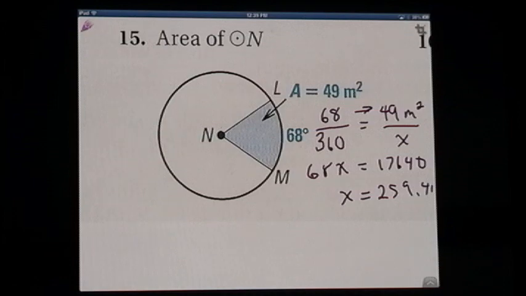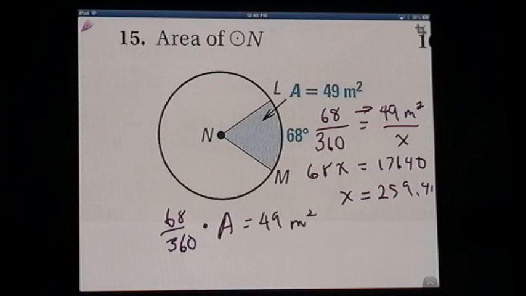You could also say 68 degrees out of 360 degrees times the total area is equal to 49 meters squared, in which case you would go ahead and divide 68 by 360.